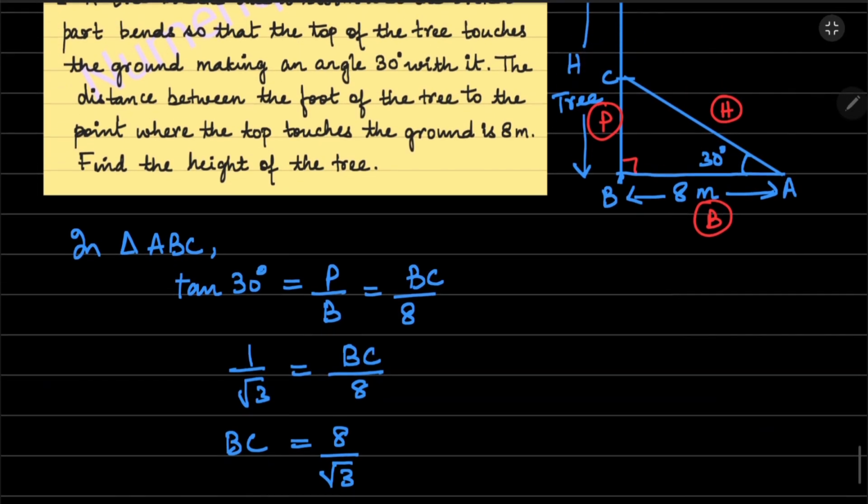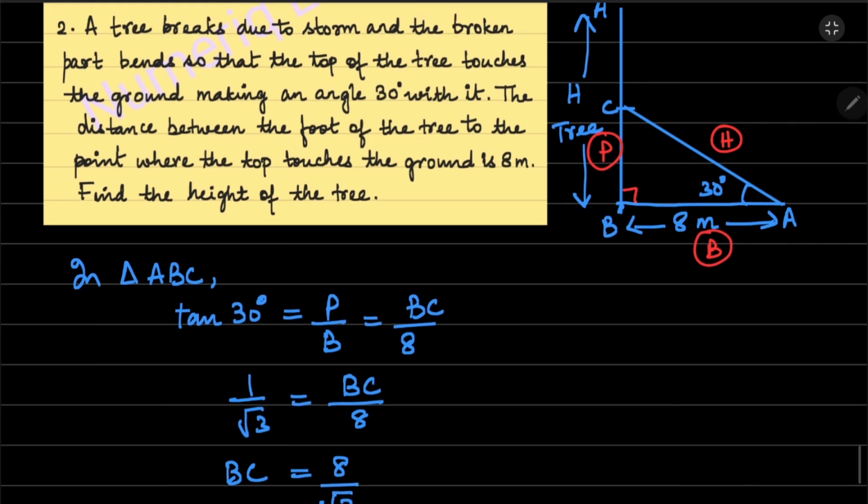Now, provided you know your BC, I have to calculate H, because H is the part of the tree which has been broken, which is touching the ground. So let me use my base, which I already know, and calculate H. So B and H are related by which trigonometric ratio?